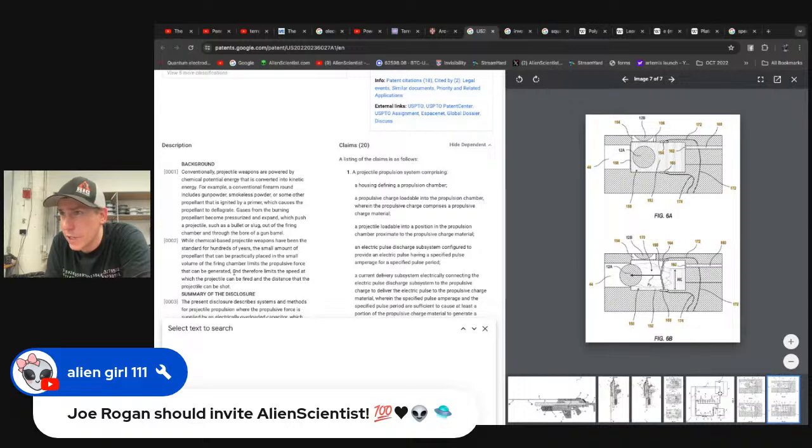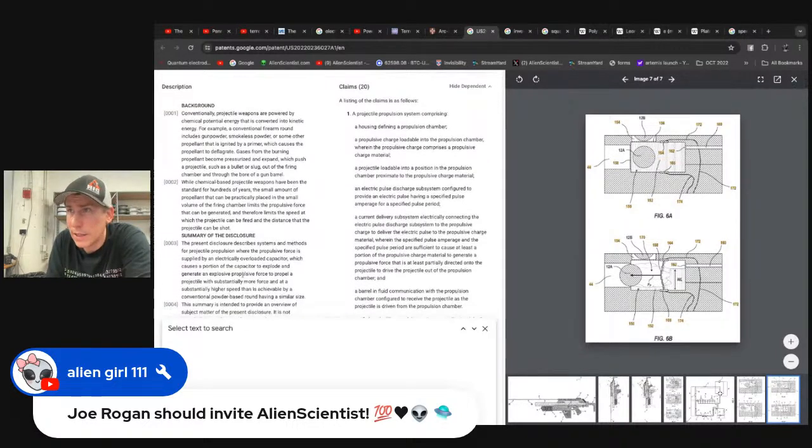While chemical-based projectile weapons have been the standard, the small amounts of propellant limit the propulsion force that can be generated, and therefore limit the speed at which the projectile can be fired and the distance that the projectile can be shot.